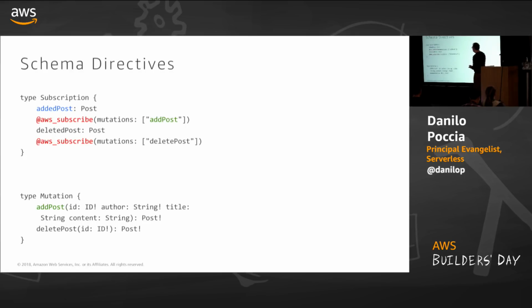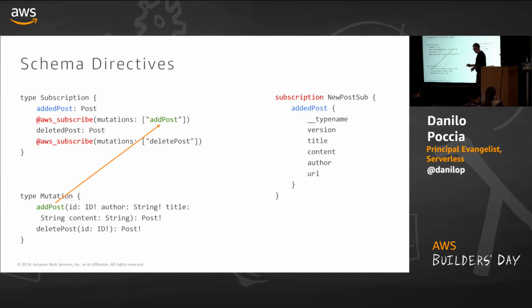And the way it works, you have the mutation, for example, at the post, and then you create the subscription, and you use this annotation, AWS subscribe, to create a link between the subscription and the mutation. And then the client can use this syntax, can say, I want a subscription with this name, and this is the subscription, is added post.